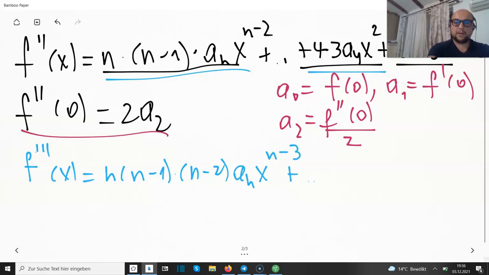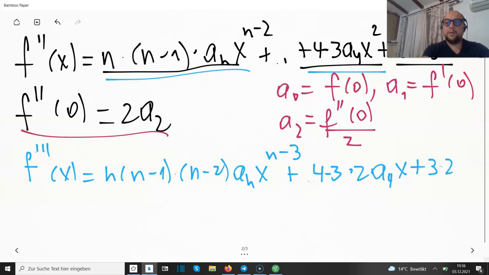Now if we take this one, we have 4, 3, 2, and I could write 1 if I wish, but I can recognize here 4 factorial. So I have a4 times x, and then we have 3 times 2 times a3 only, which is 3 factorial, by the way.